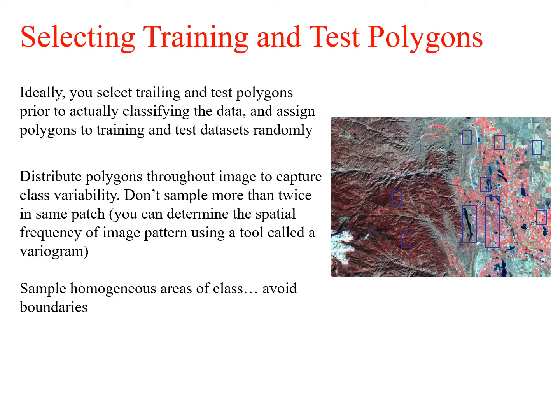And you can determine the spatial frequency of image pattern, i.e. what the size of the patches are, using a tool called a variogram. You need to sample homogeneous areas of classes. Avoid using boundaries if your goals allow that.